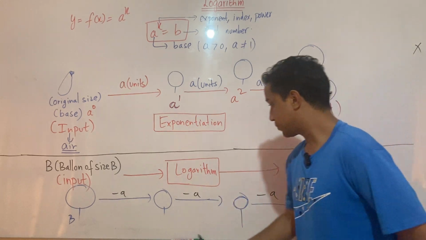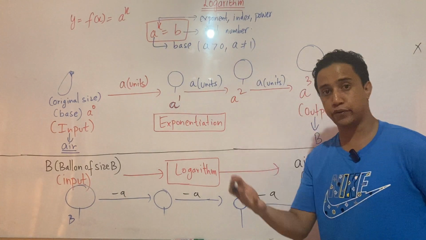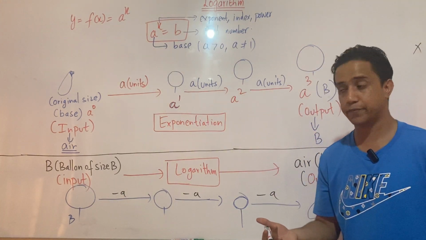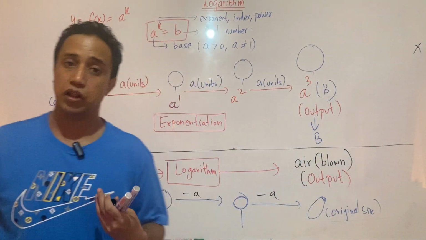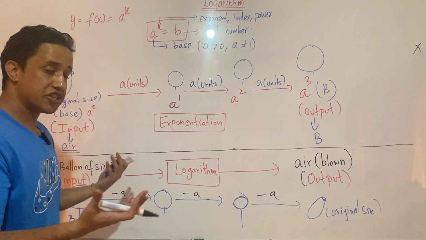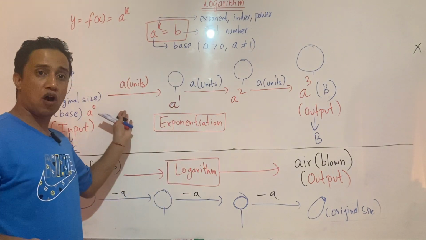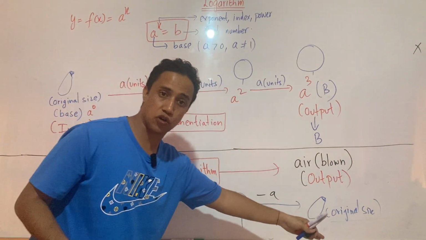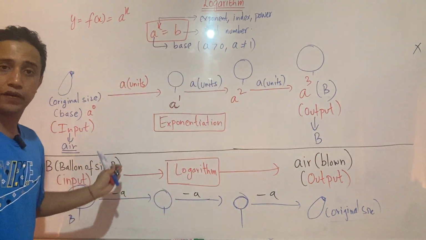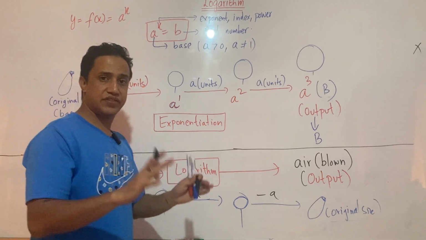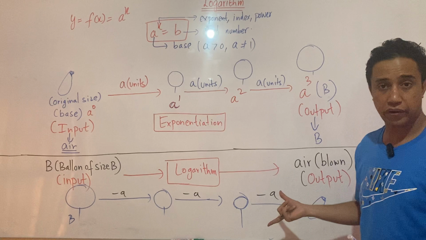So it defines the deflation process of the balloon. Understand? So this is the idea of logarithm. Just remember they are inverse of each other: the input of this function becomes the output of the other function, and the output of the first function becomes the input of the other function. I hope this is clear. So this was just a rough idea of logarithm.